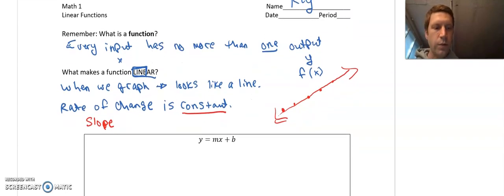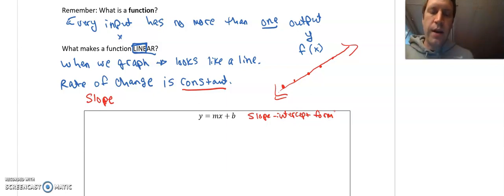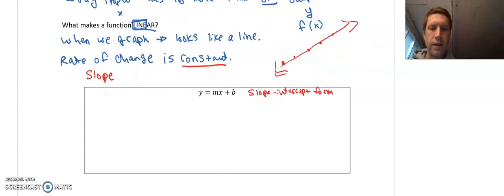So we've talked a little bit, and I'm sure you're familiar with y equals mx plus b. This is our slope-intercept form, for a linear equation or a linear function. And when we're building this from context, we need to start filling in what these different values are, right? So let's just talk about what they represent.